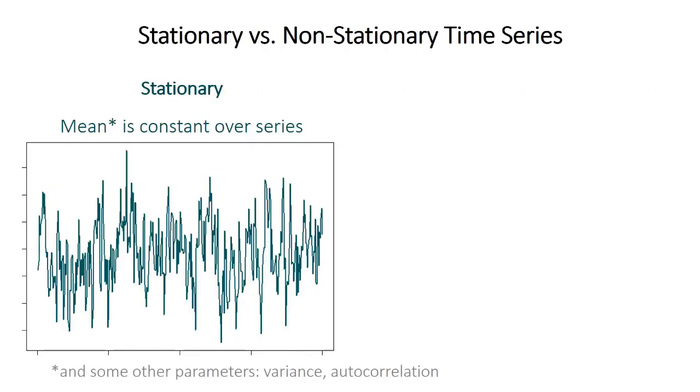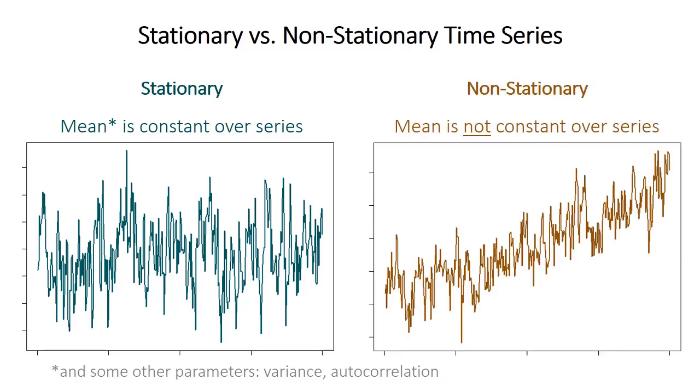But time series don't have to have long-term trends, and that brings up the idea of stationary versus non-stationary. A time series is called stationary, using it in the wide sense of the term, if its mean and some other parameters that are less important for us here are constant over the series. Now, this time series is stationary because even though you can see the values are fluctuating, they go up and down, they zigzag around, there's no long-term trend in the average or mean value of this time series.